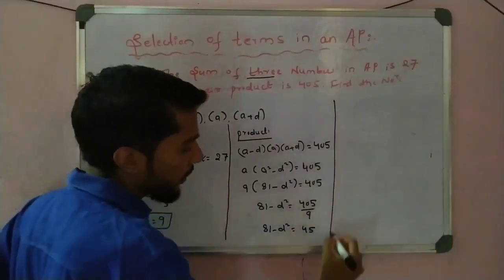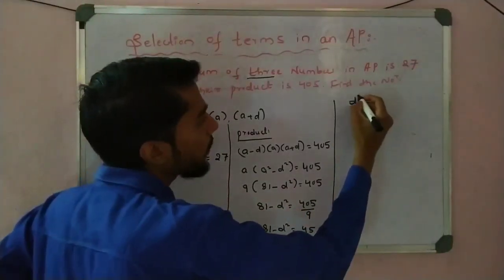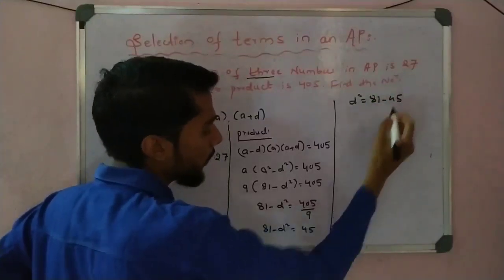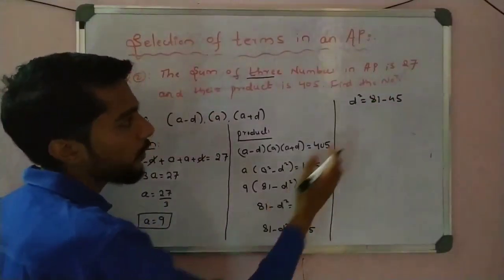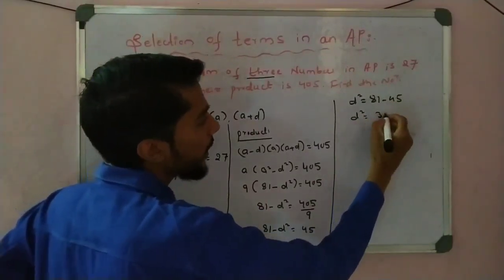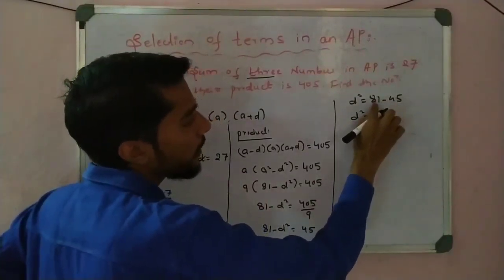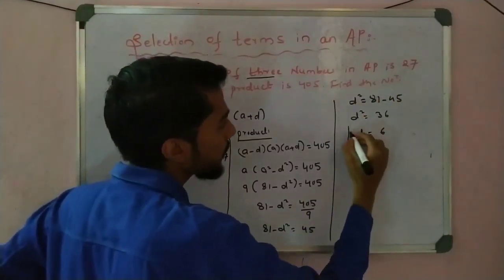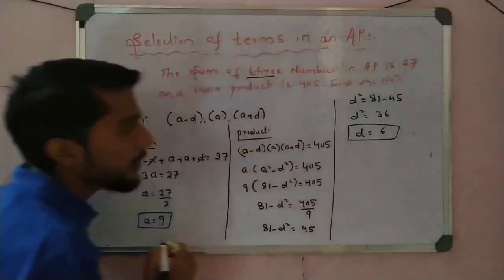So we get d square is equal to 81 minus 45. I take d square on one side and 45 on the other side, so 81 minus 45. Now let us see how much it is. That is 36. So 36 is nothing but d square, so d is 6.